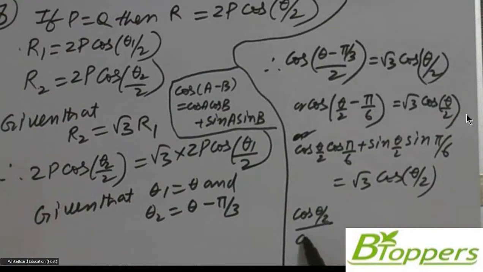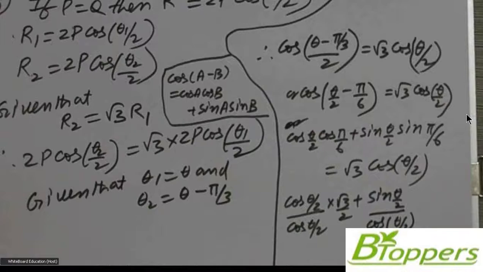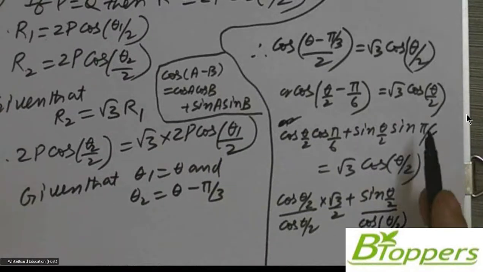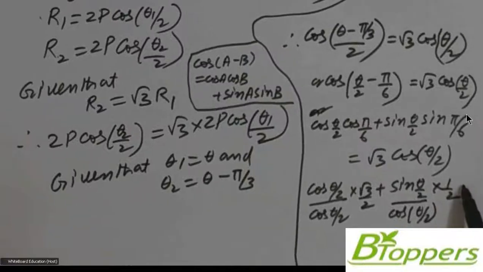Into cos pi by 6 means cos 30 degrees, which is equal to root 3 by 2, plus sin theta by 2 divided by cos theta by 2 into sin pi by 6 means sin 30 degrees, that is 1 by 2.